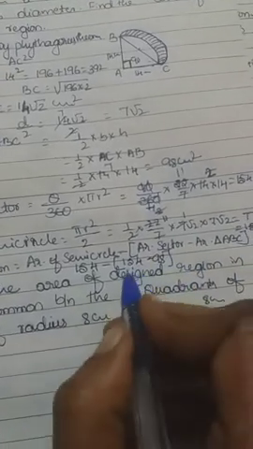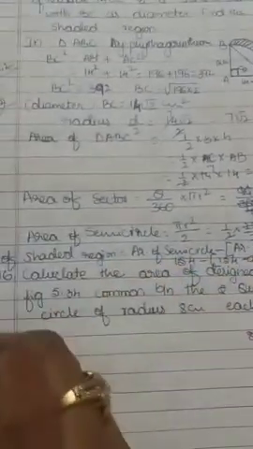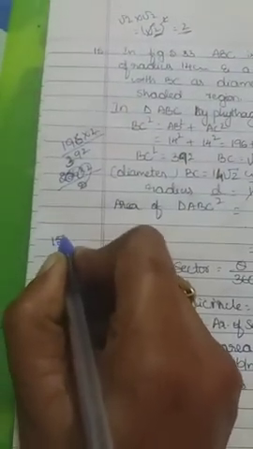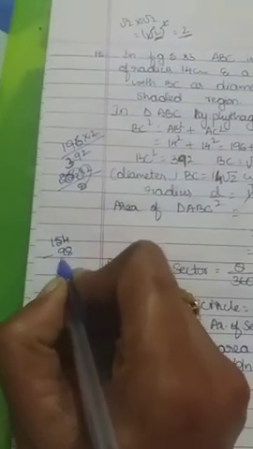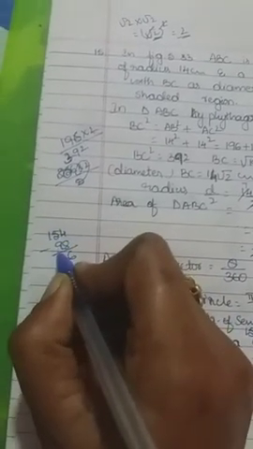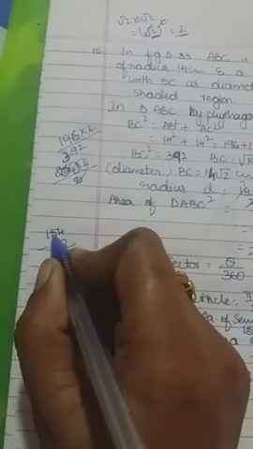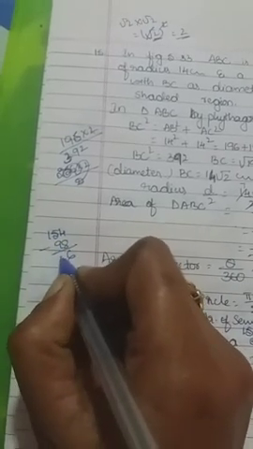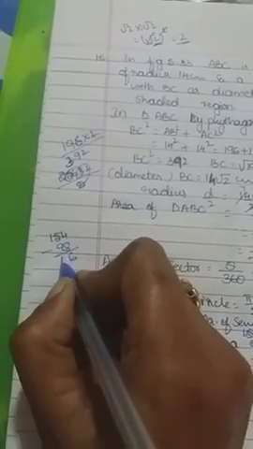So next, 154 minus 98, we have to do that first. What is in the bracket, that thing we have to solve. 14 minus 8 is 6, and 4 will be 14, 14 minus 9 will be 5. Totally we got 56.